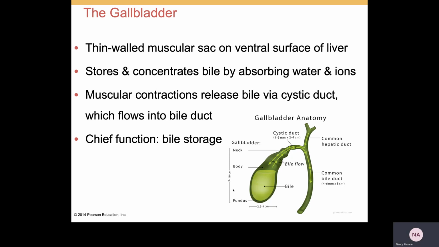That cystic duct moves the bile into the common bile duct, and the bile duct will carry that bile down to the duodenum. Its chief function is bile storage. That's its job.